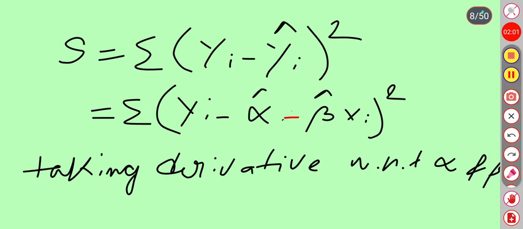So S is equal to summation yi minus alpha hat minus beta hat xi whole square, taking derivative with respect to alpha and beta and getting the value.